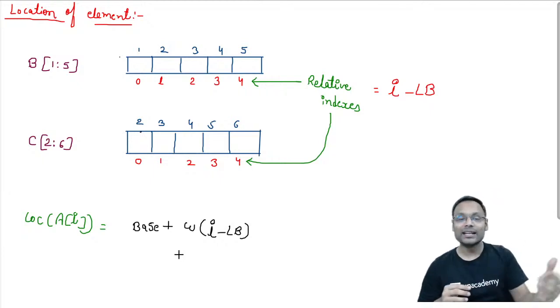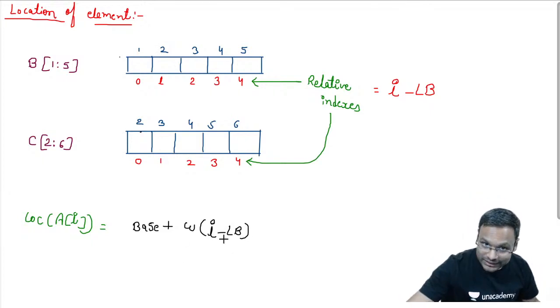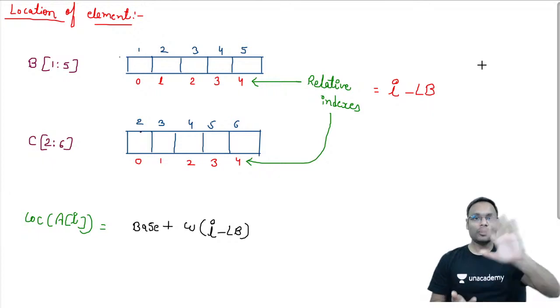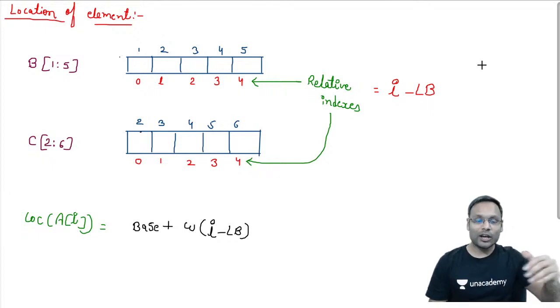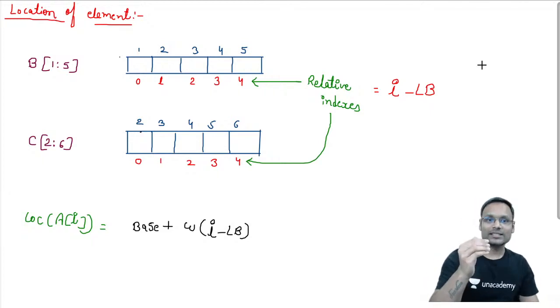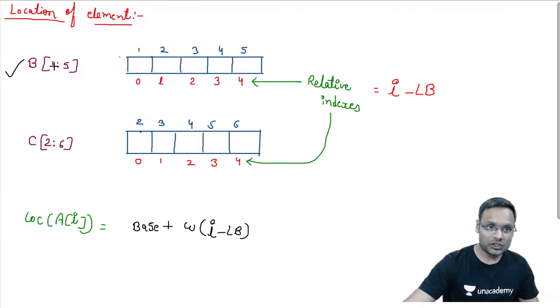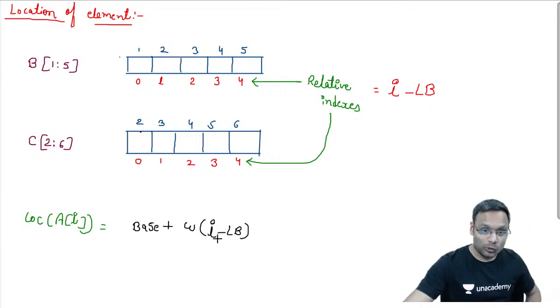To reduce this calculation. Look at this. If you are writing A of 3 in this array which has starting index 1, or in this array which has starting index 2, in these arrays I will have to perform this subtraction to get the relative index.